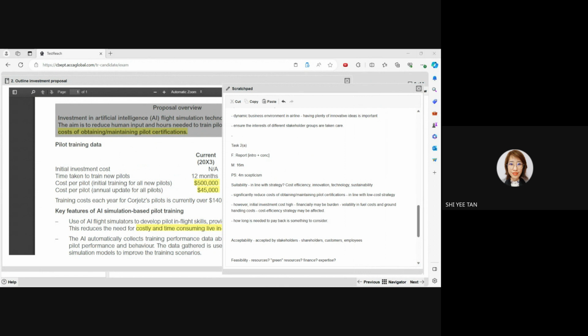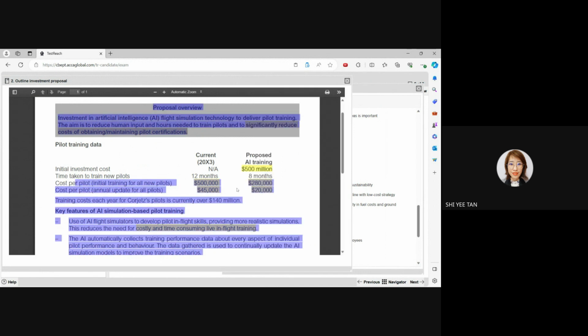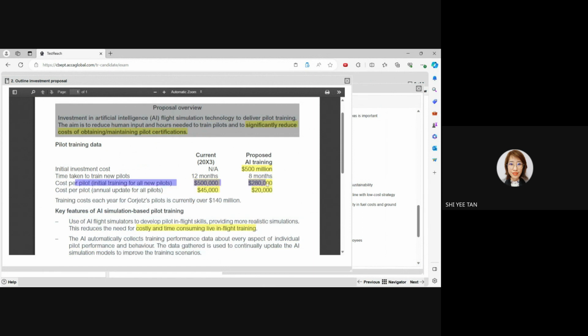Then if you ask me, can I calculate the payback period? I'm not so sure how, because this is cost per pilot and they didn't give me how many pilots, right? Then they give me this information: training cost each year for this pilot is currently over 140 million.